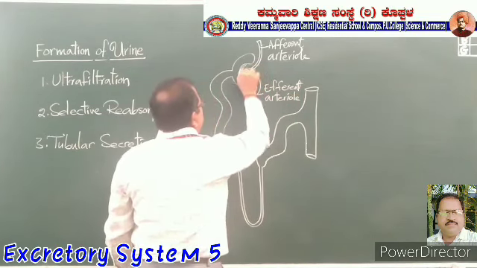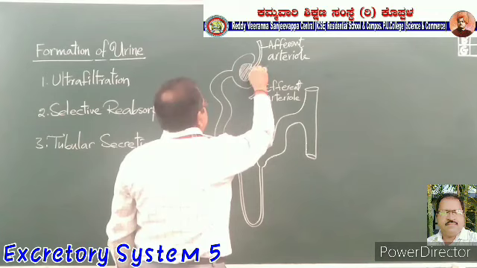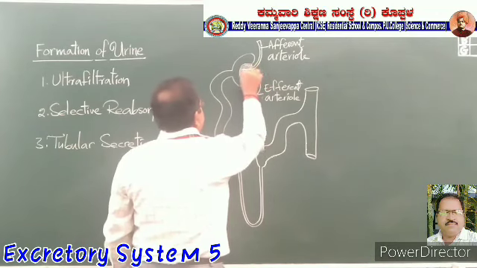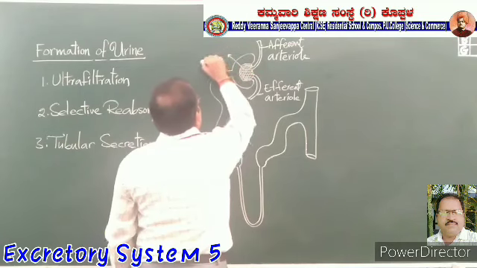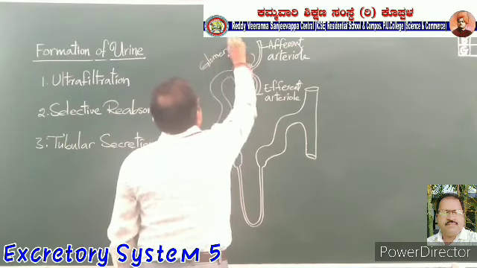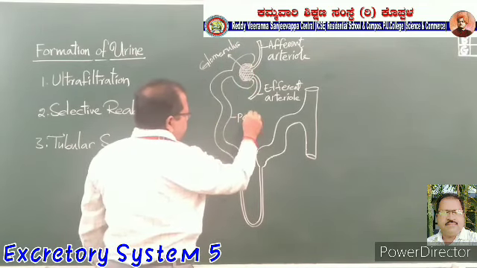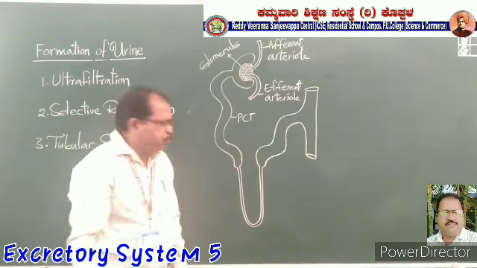So this network of blood vessels is present here. This is called the glomerulus. This is the PCT, proximal convoluted tubule.